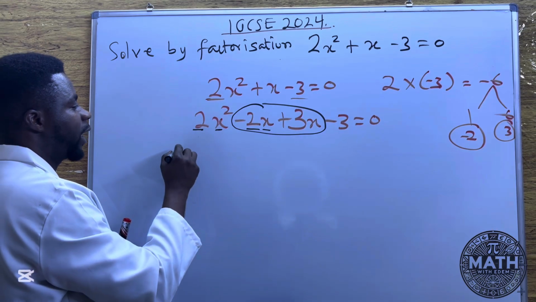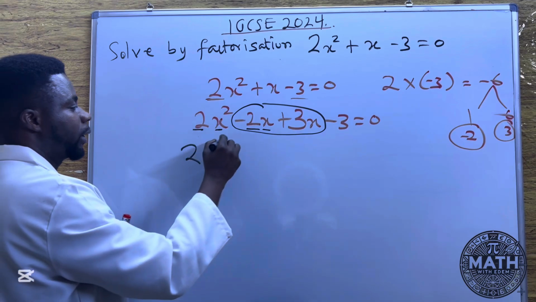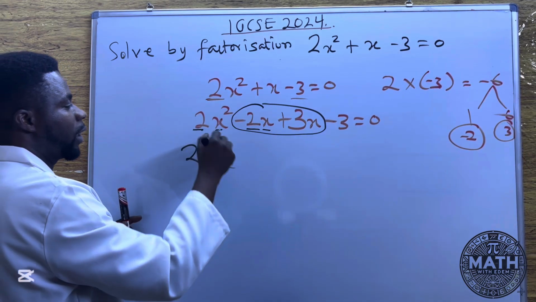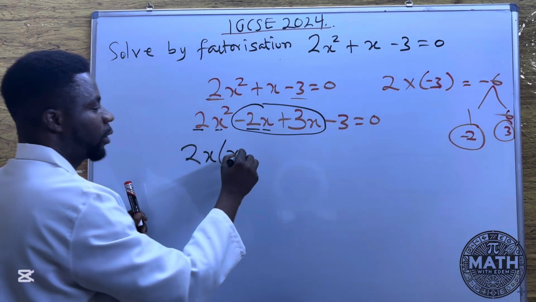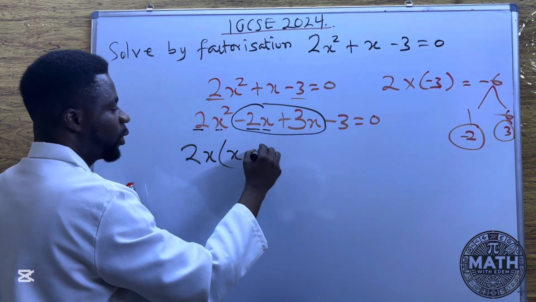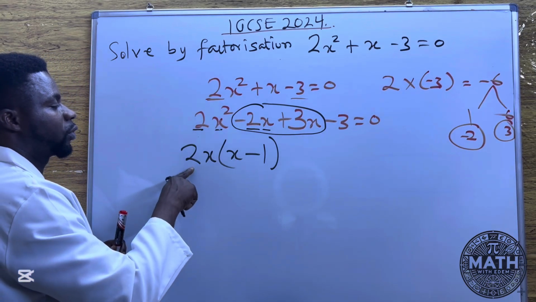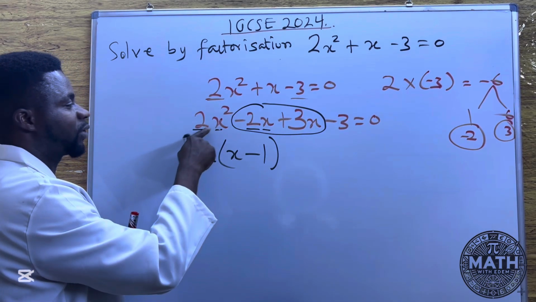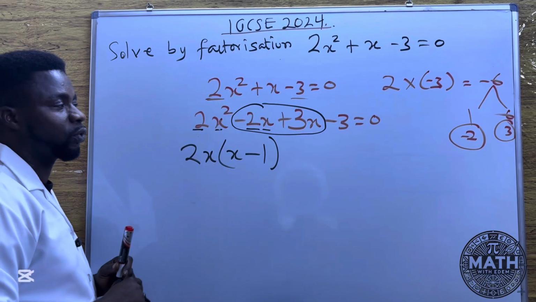So I'm going to write 2x outside, and then in parentheses, I will have x minus 1. So 2x times x gives us 2x squared, and 2x times 1 gives us 2x.